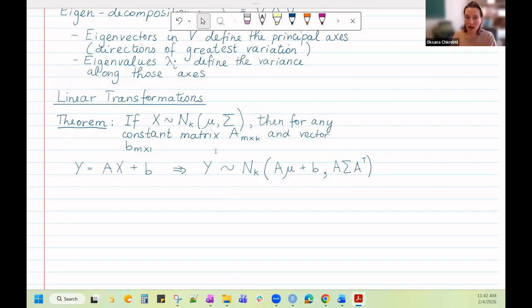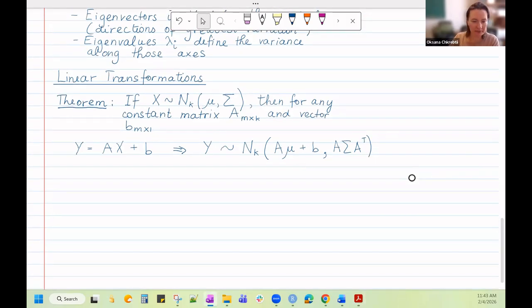Yes, that's correct. So this leads to a degenerate distribution. We call y having a degenerate distribution. We will sometimes say the density is a Dirac delta probability density function. So we have a special name for it. It's no longer technically a normal distribution. So you're right, we have the degenerate distribution at A mu plus b in that case. That's an excellent point.